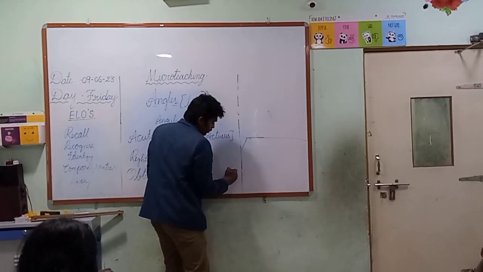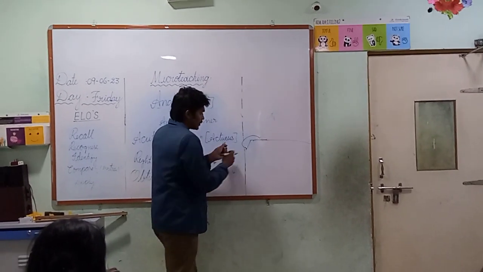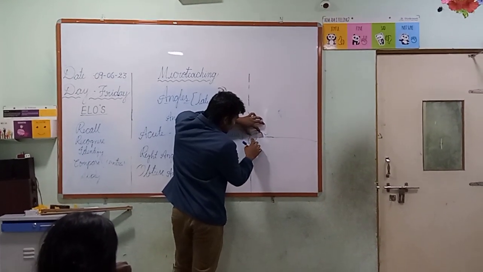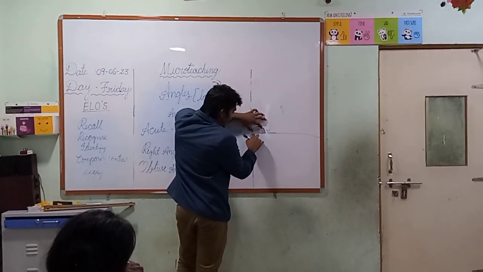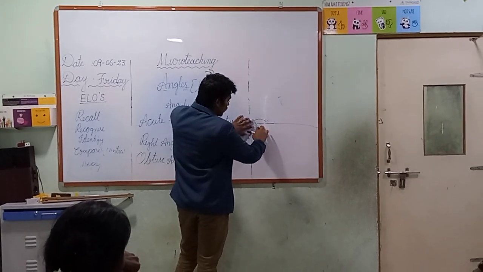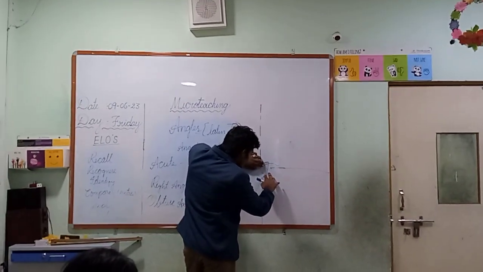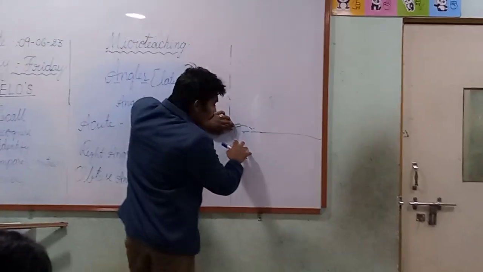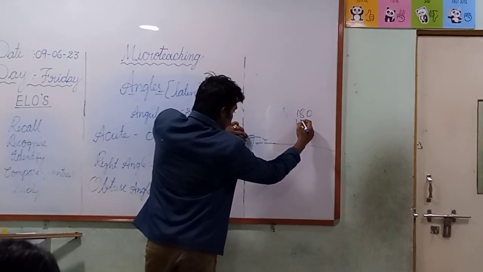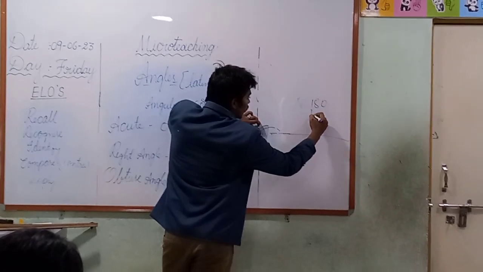Then we measure the angle from here to here. It starts from here and measures up to here, 180, and we have to measure again from here. It will be 180 degrees plus 100 degrees.